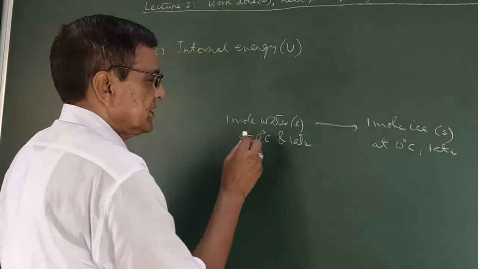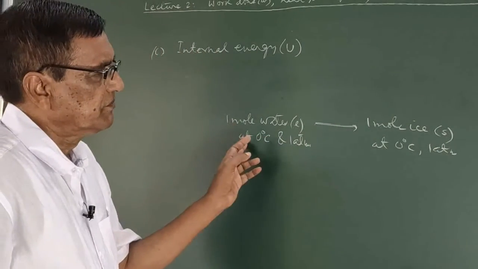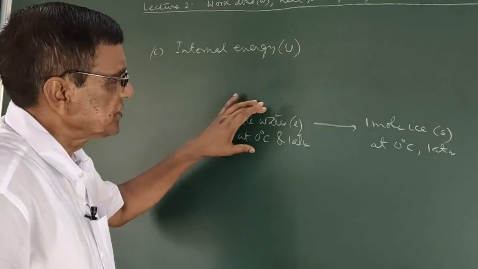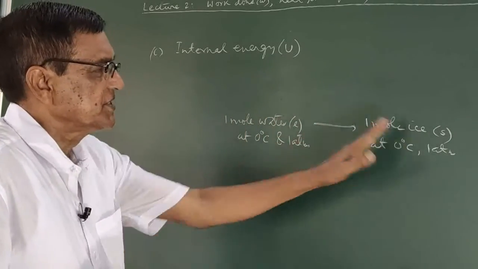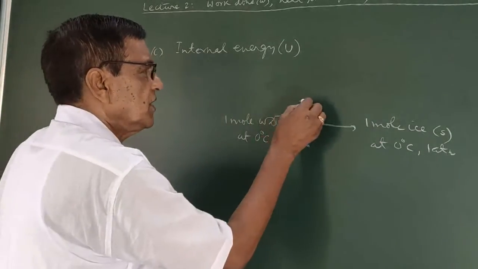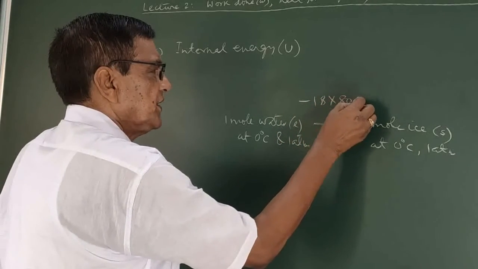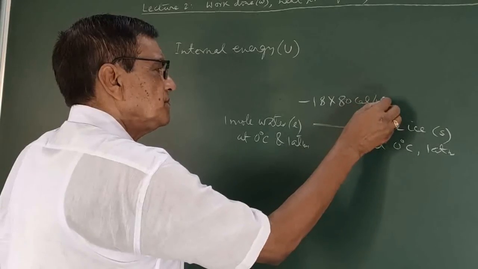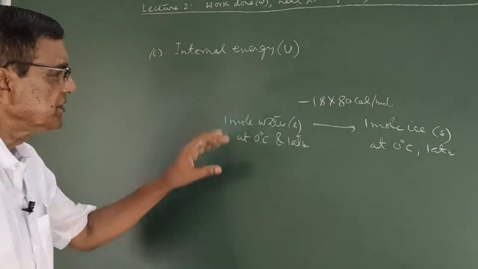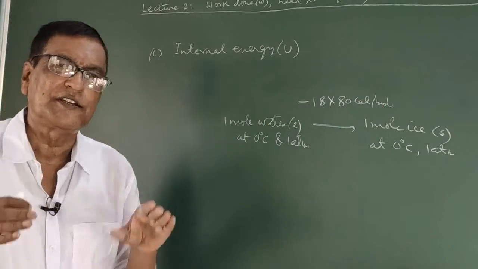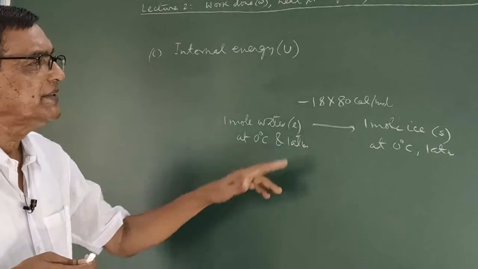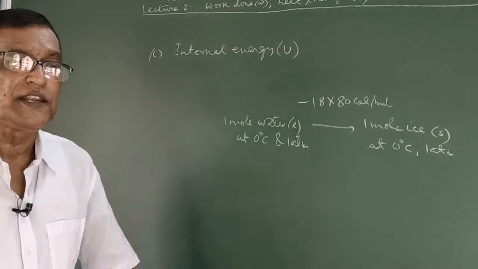But whenever the system goes from this state to this state, it will liberate energy, 18 into 80 calorie per mole. So if this water does not have any energy stored up, then why is this amount of energy being released?